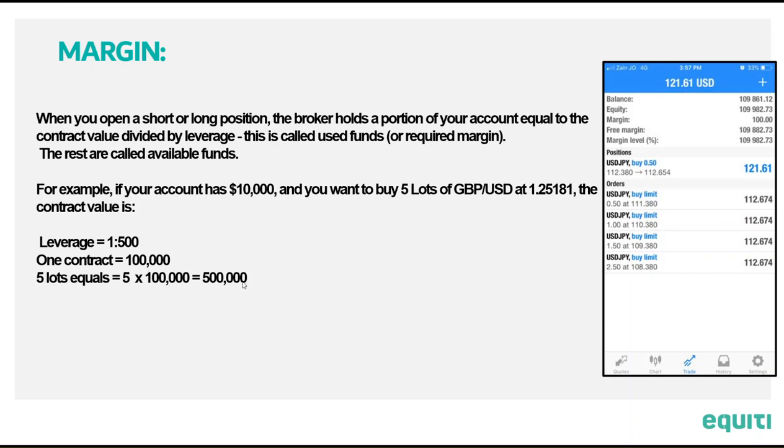So you are now trading with 5 times the money that you had. And this is where your margin comes in, just to see that if you're going above the margin level, then that means you are getting more risky. So 5 lots of GBP/USD equals 500,000 units.